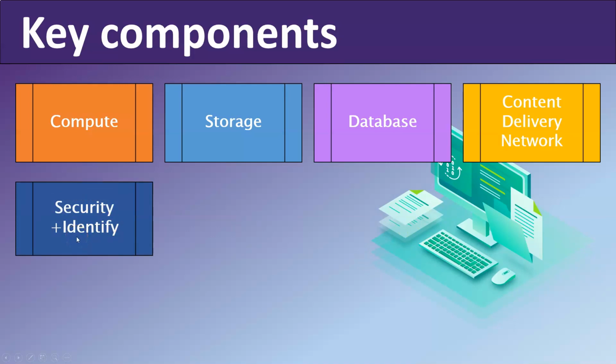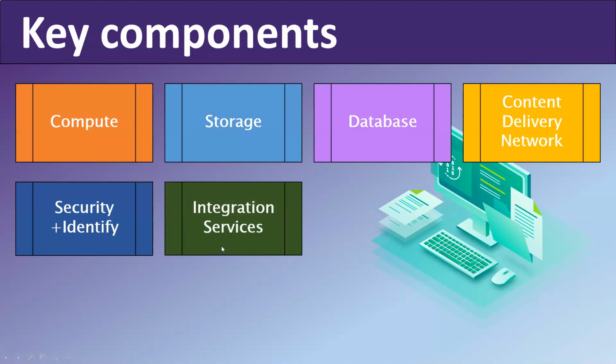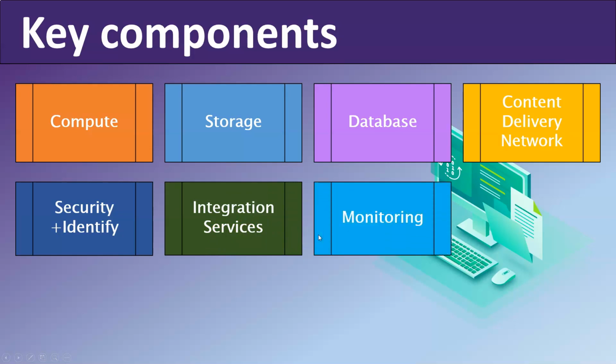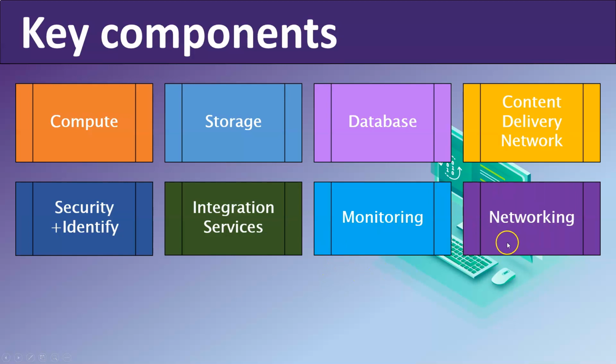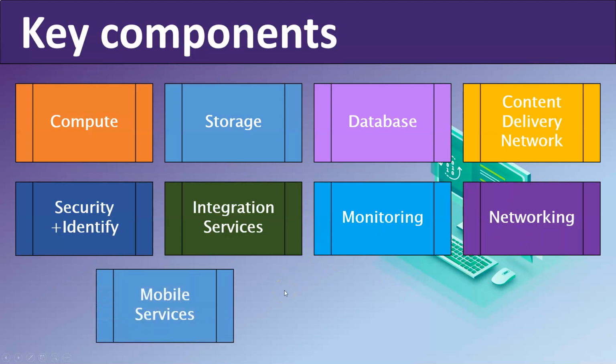So here we'll talk about different services which Azure provides for authentication and authorization. Next we have integration services. Then we have monitoring services. The next one is networking, and then we'll talk about mobile services. This is something which is interesting for the mobile developers.